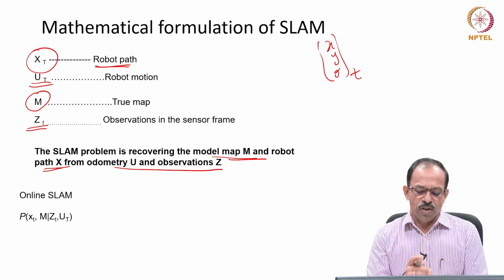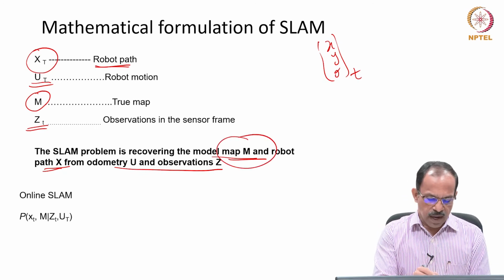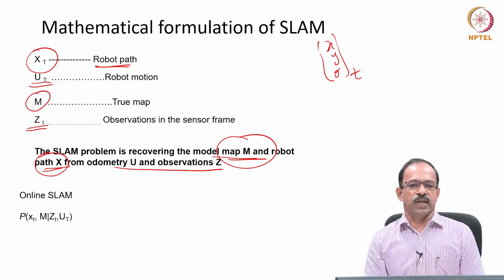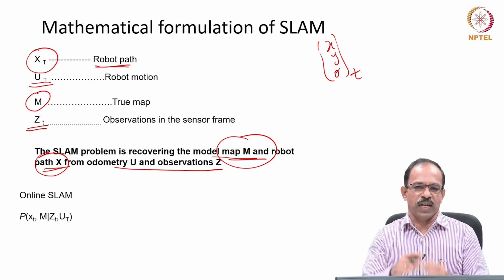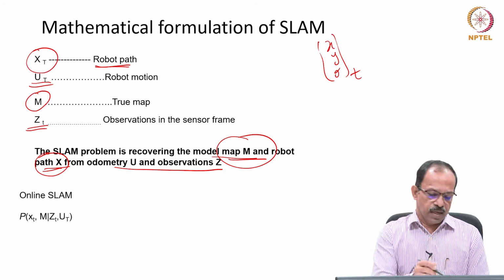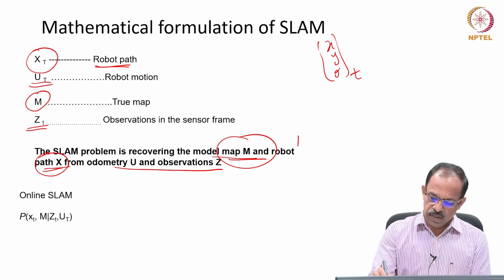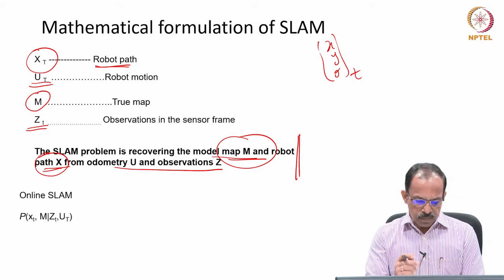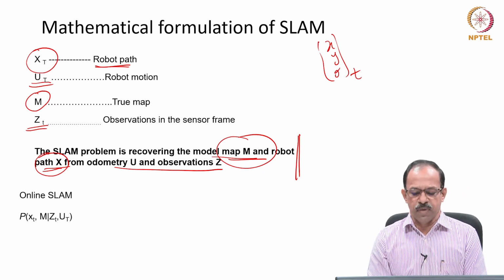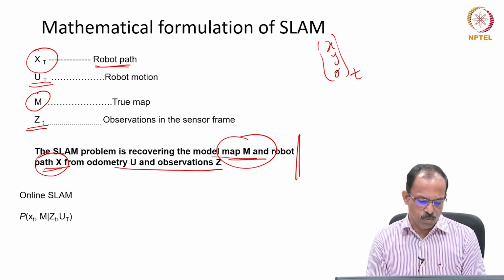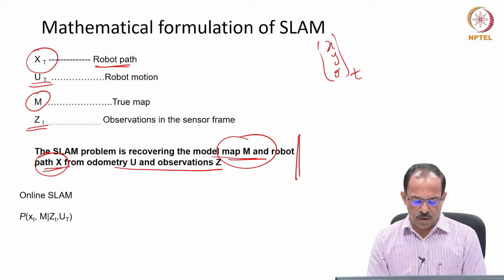Using these we try to create the map and get the path X. When you say create the map, we are making the map, and get the path X means we are trying to find out the location of the robot. So the SLAM problem is basically recovering the model map and robot path from observations.